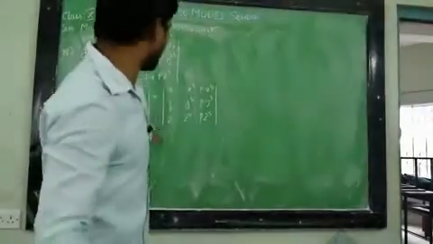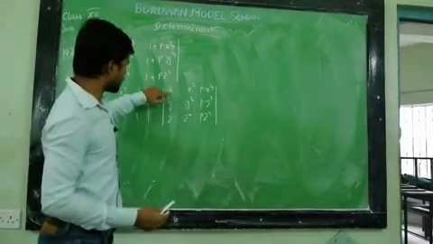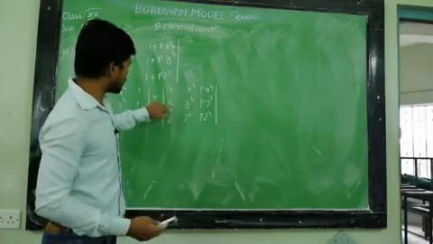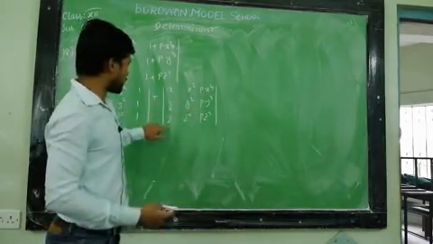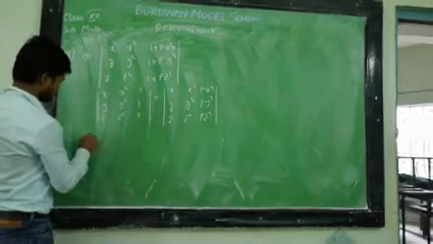Now from the second determinant, we can take x common from the first row, y common from the second row, and z common from the third row.